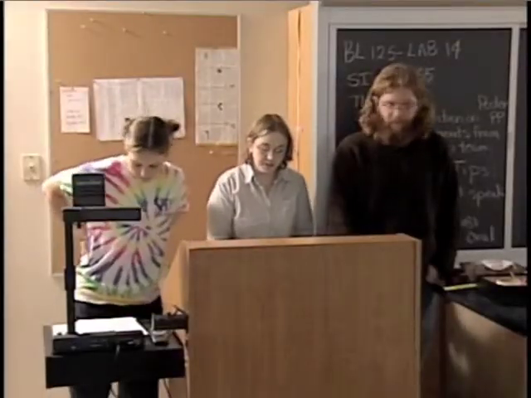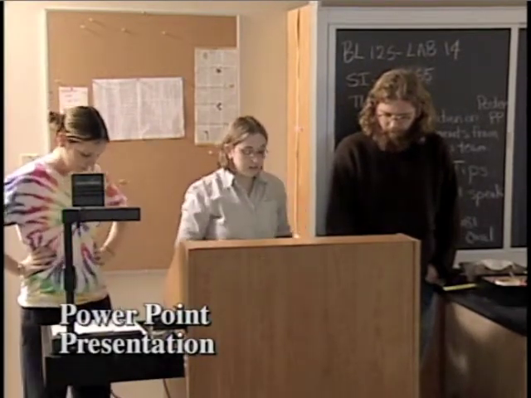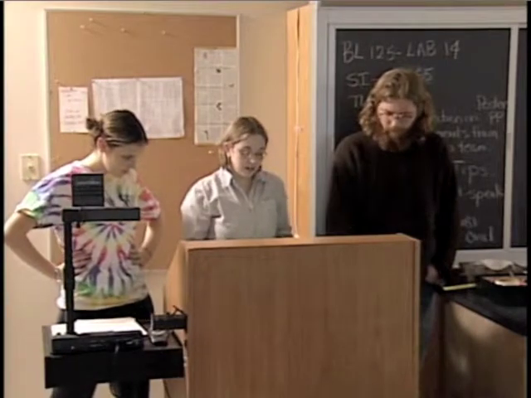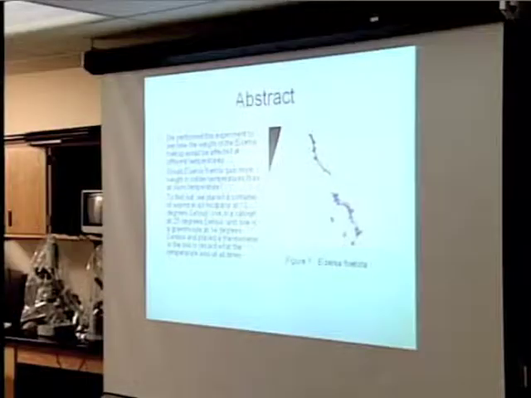For our experiment, we wanted to answer the question, how does temperature affect the change in weight of Eisenia foetida? We placed 3 different groups of worms in 3 different temperatures, and at the end of the 2 weeks, we measured the worms to see how much weight they had gained.